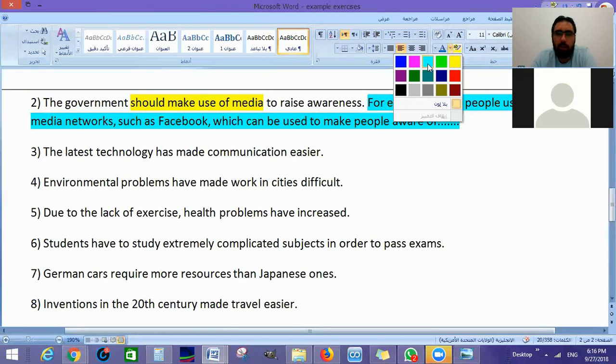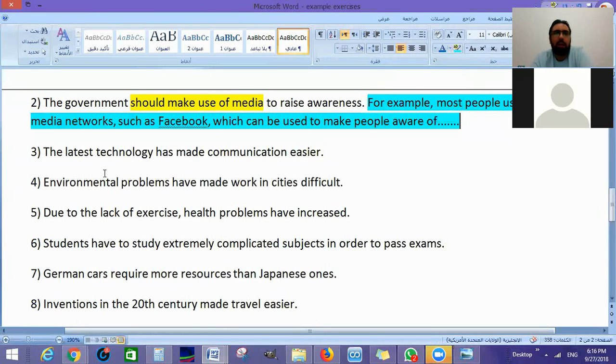Okay, the latest technology has made communication easier. So what is an example? We said the latest technology. What is something, the latest technology that has made things easier? So we said mobiles, yeah?